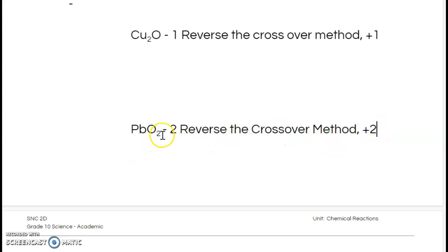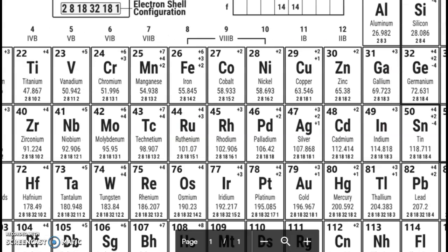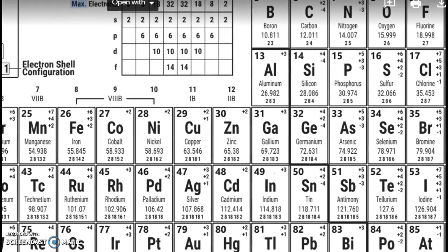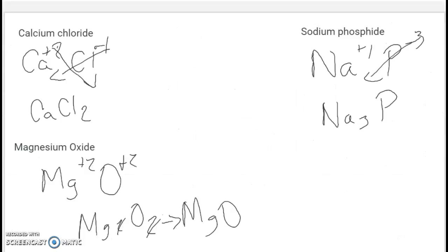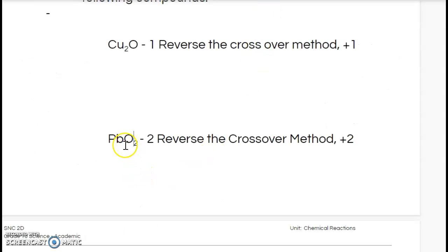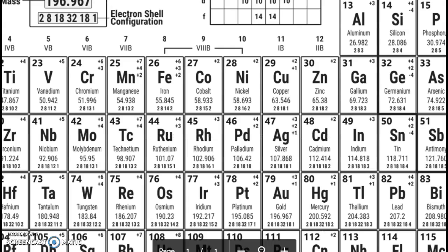We know that oxygen in our periodic table has a charge of -2, and it takes two oxygen to fill this up. So this is not right. This would be +4. Let's go back to our periodic table to determine if lead has a +4 charge.